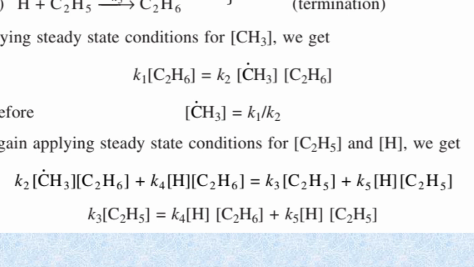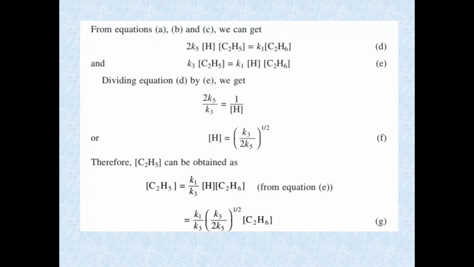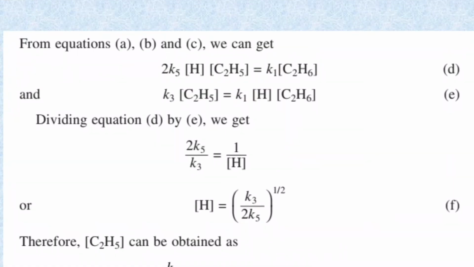And also we can get this equation by rearranging the steady state equations, that is k3[C2H5] = k4[H][C2H6] + k5[H][C2H5]. And from the above equations we can get 2k5[H][C2H5] = k1[C2H6]. And we also get from the above equations k3[C2H5] = k1[H][C2H6].